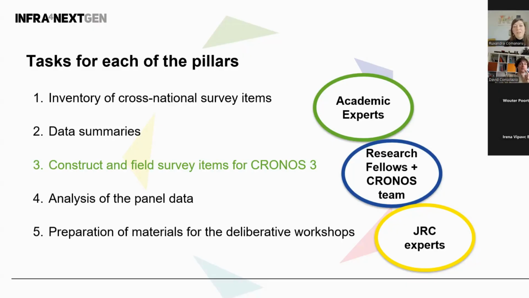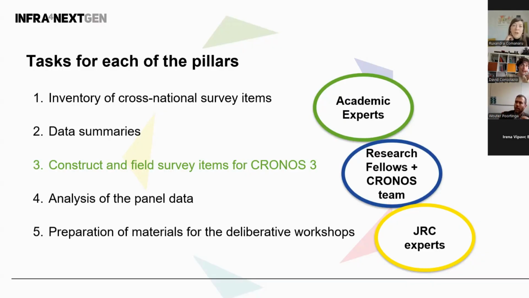We strongly recommend having a look at this. It's quite a useful resource. I go back to it regularly because it puts all of the surveys together. We have also created data summaries. So these are reports available on the Infra4NextGen website, based on data that was already available.